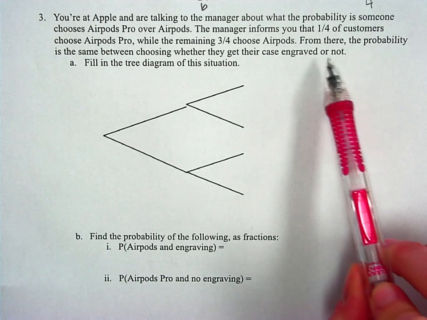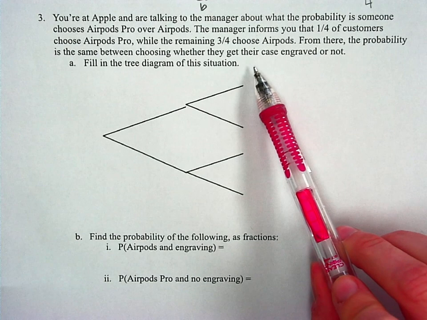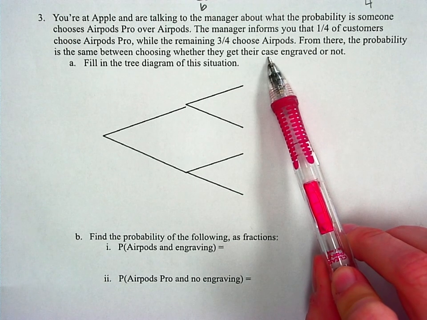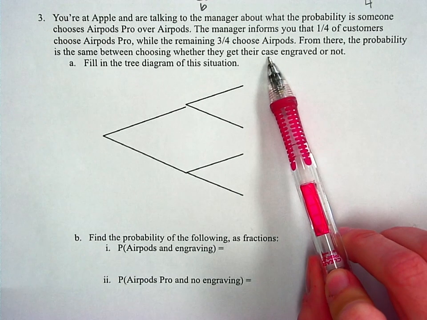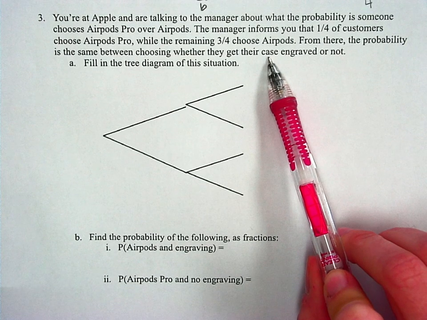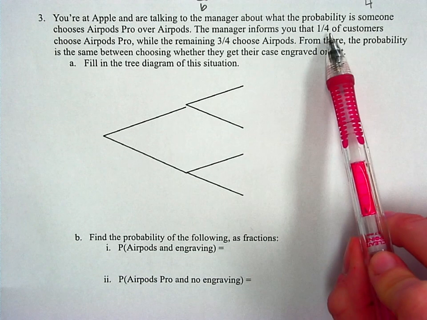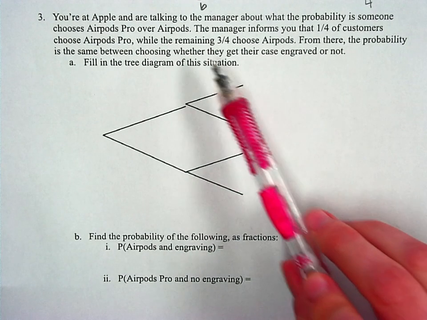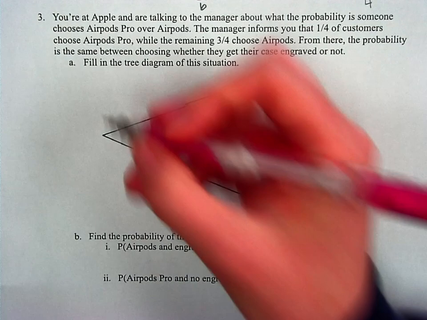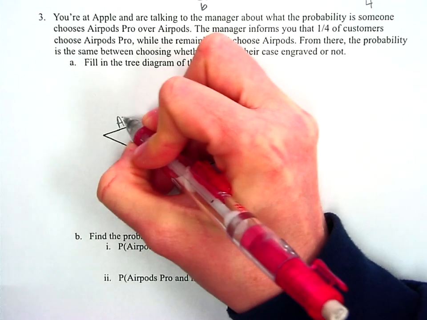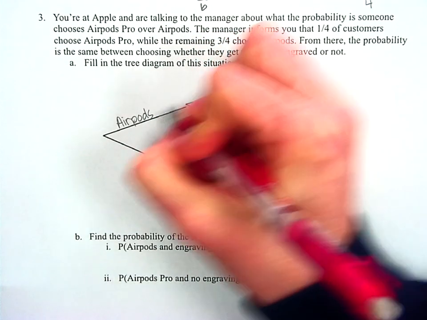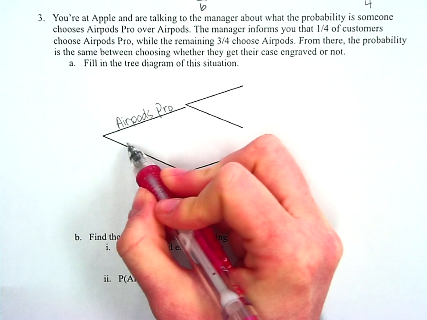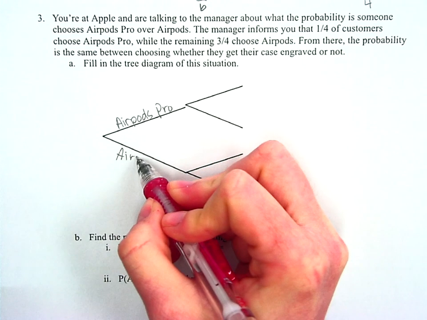From there, he said the probability is the same of them choosing whether they get their case engraved or not. So it looks like we have equal probability for engraving versus not engraving, but not equal probability for the AirPods Pro versus the AirPods. Okay, so this is going to be AirPods Pro, and this one's just going to be the normal AirPods.